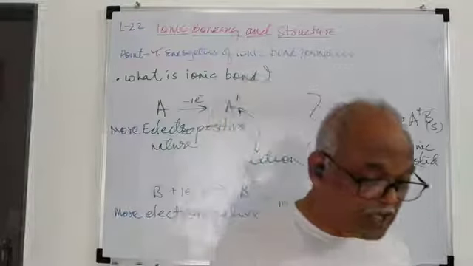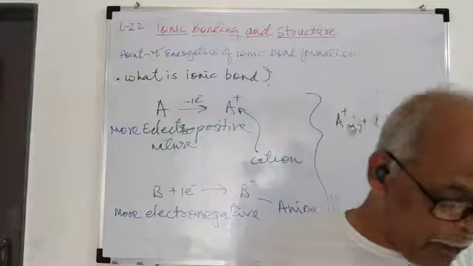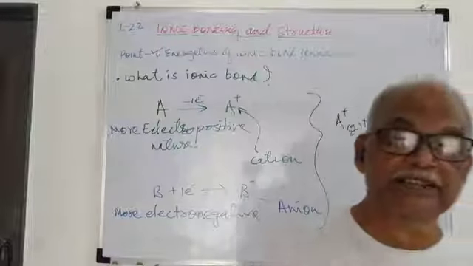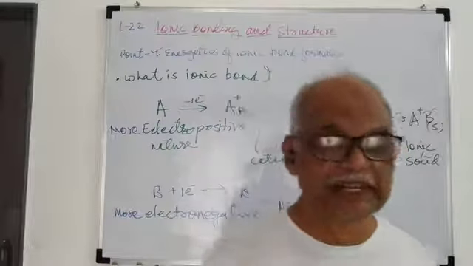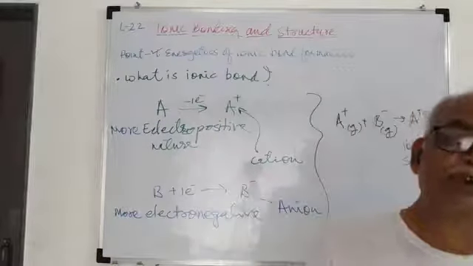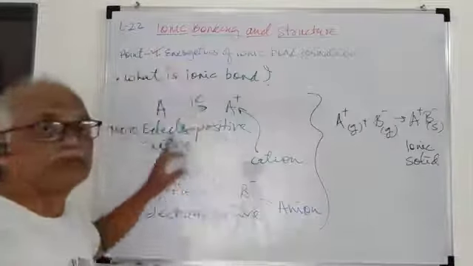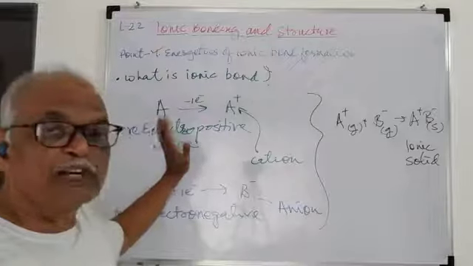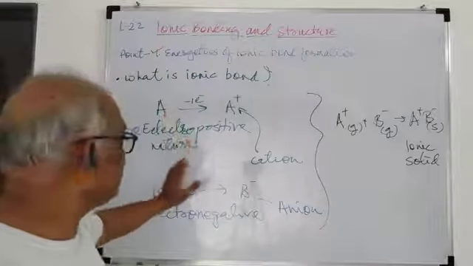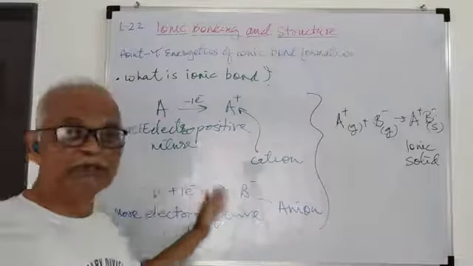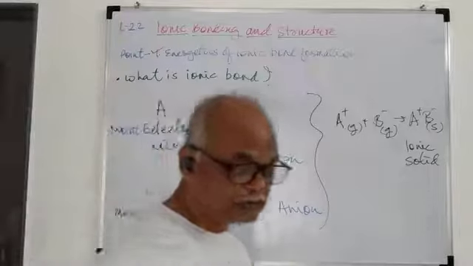Such formation of cations and anions followed by the ionic solid takes place only when the cation is obtained from an atom of more electropositive nature and the anion from an atom of more electronegative nature.